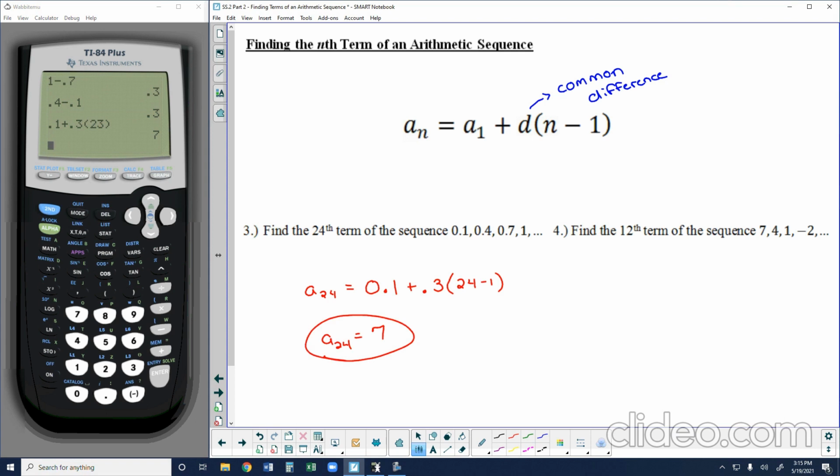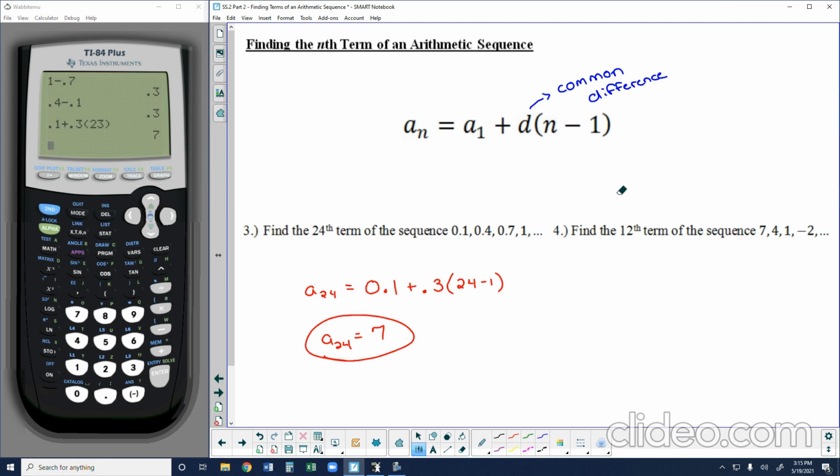Again, we could find this by just adding 0.3 to each term, 23 times, to get from the first term to the 24th term. But this formula takes the first term and adds 0.3 23 times in a much shorter fashion using multiplication.